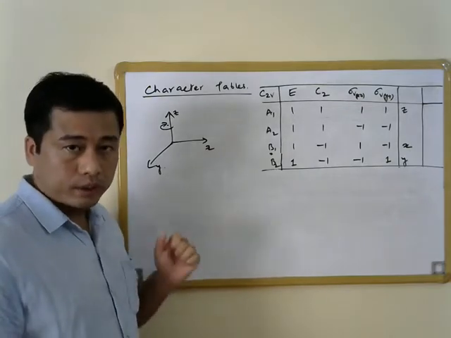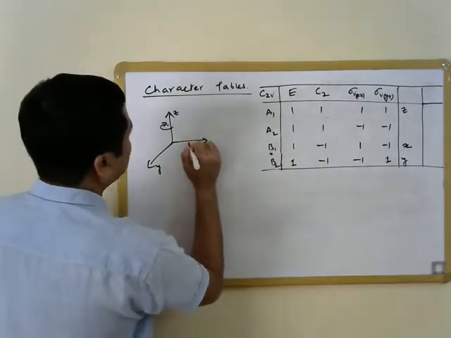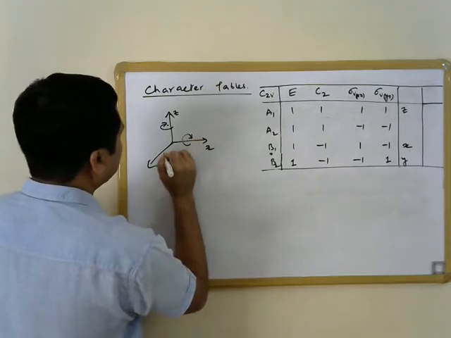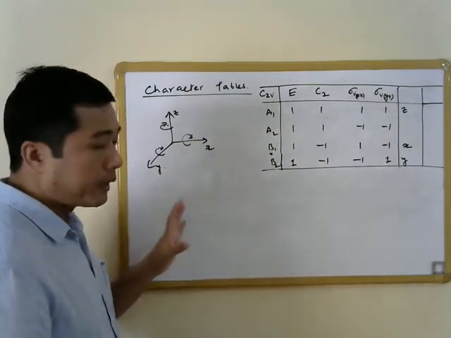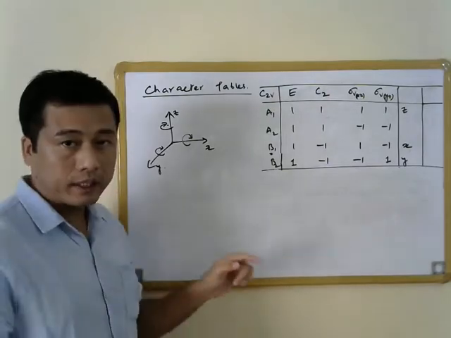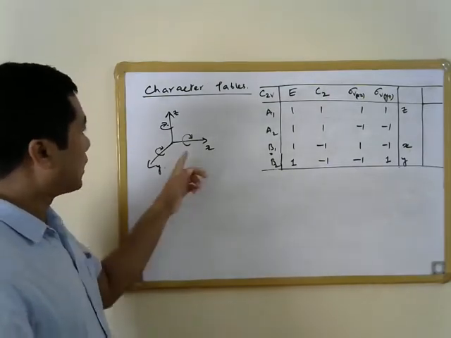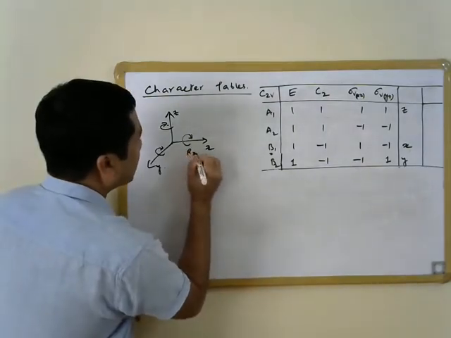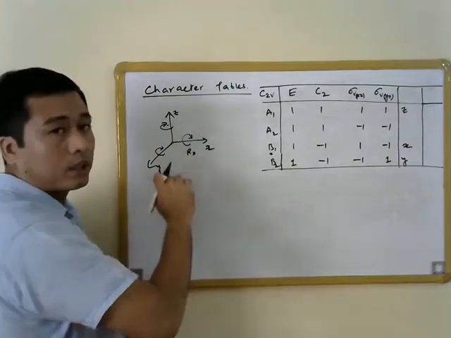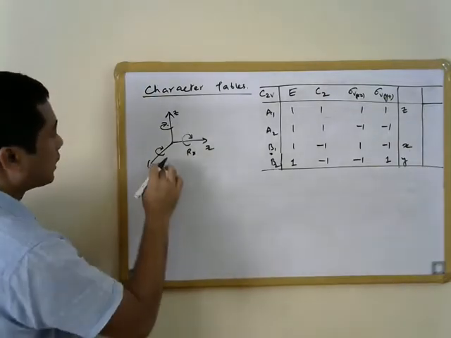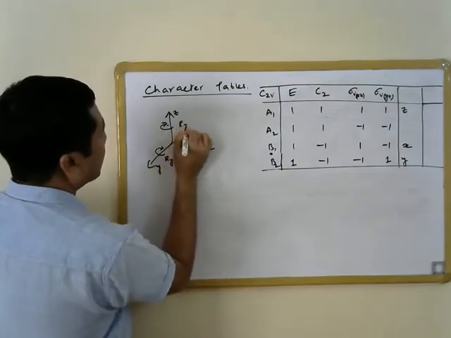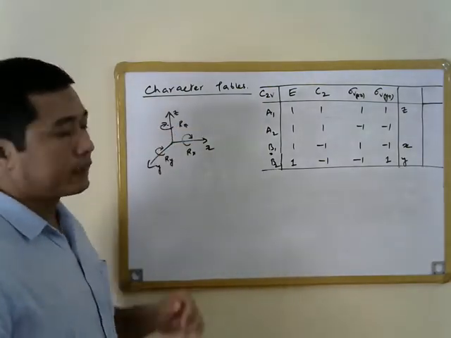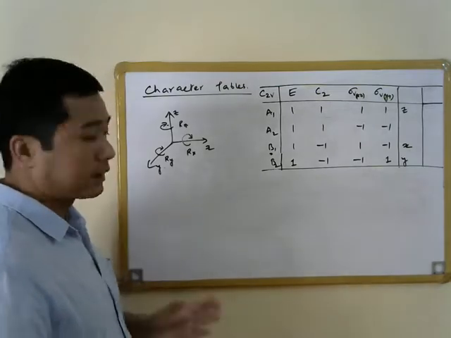That is also a very easy task, because we can take rotational vectors as the basis. These are the rotational vectors along the axes: this rotational vector is along the x-axis, we denote it as Rx. This is along the y-axis, this is Ry, and this is along the z-axis, so we denote this rotational vector as Rz.